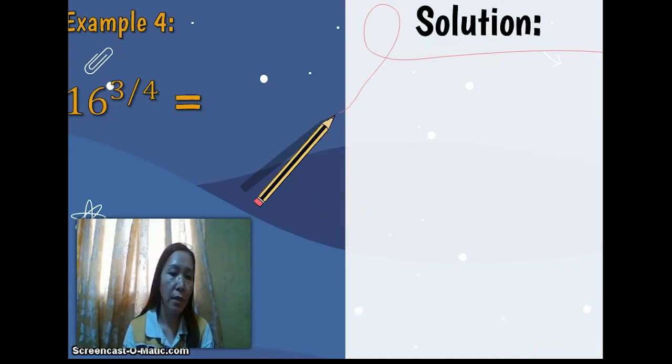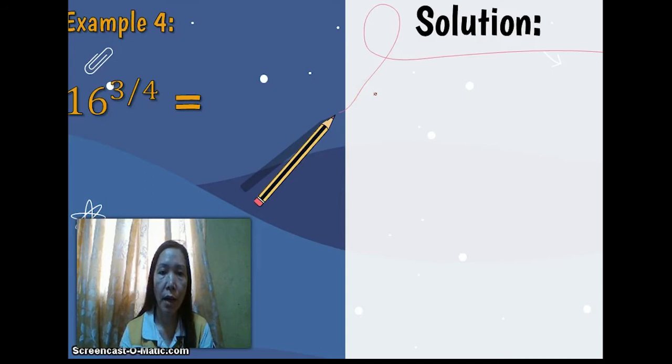Next, what about 16 raised to 3/4? Again, since we have encountered this already, which one are you going to use, the first solution or the second solution? My advice, take the second one. So first here, we're going to factor this.